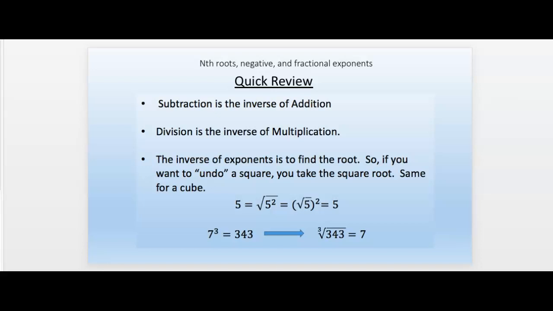So if you want to undo a square, you take the square root. Right? The same for a cube. If you want to undo a cube, like here it says 7 cubed is 343. 7 times 7 times 7. So if I say, what's the cube root of 343? Well, that equals 7, okay? It's the inverse operation.